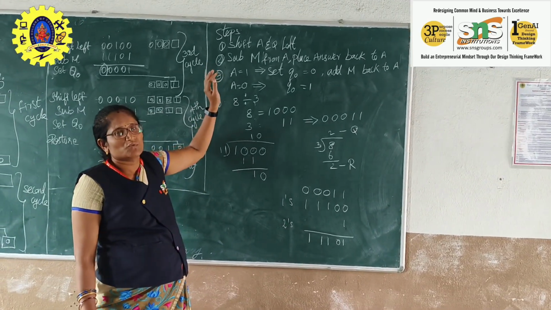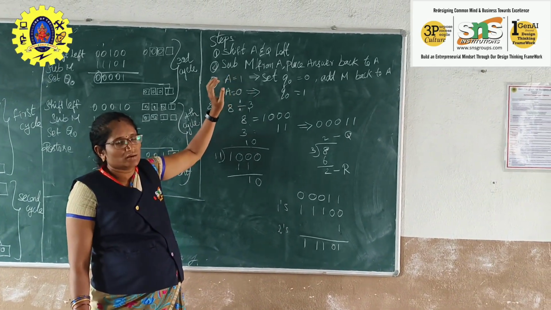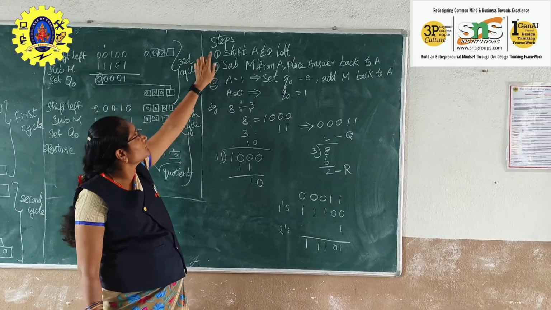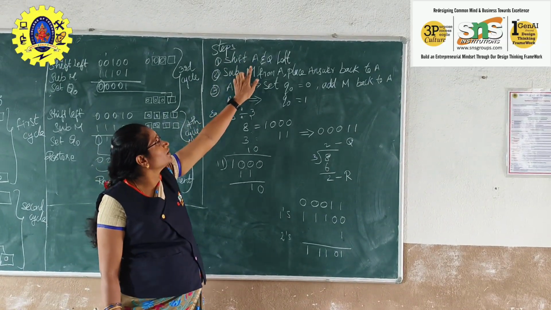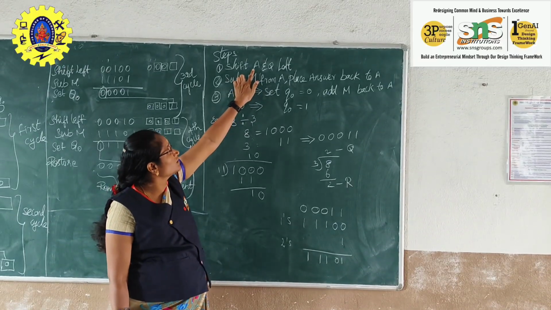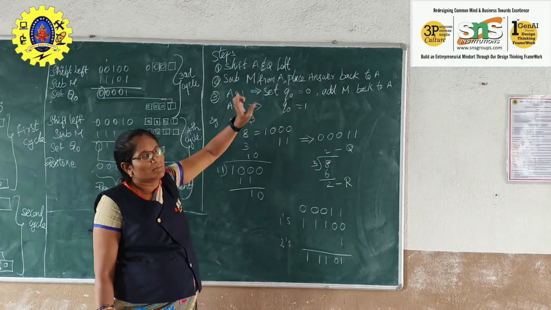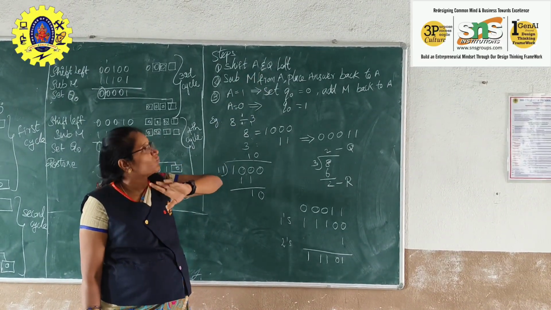The steps to follow to solve the restoring algorithm are: first, we have to do a left shift of the values stored in A and Q, where the bit position to be shifted is 1.